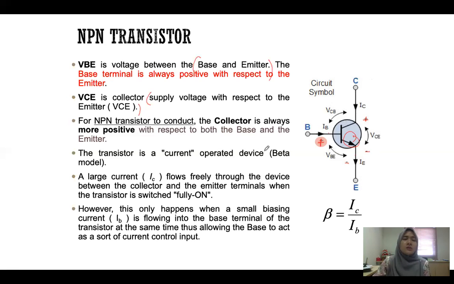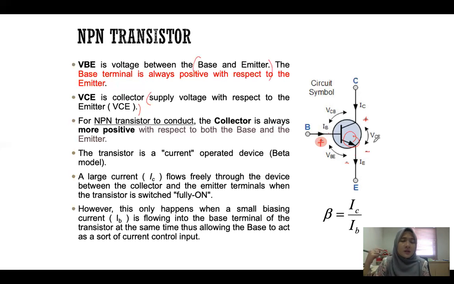Okay, so the transistor is a current operated device. A large current IC, which we also call the collector current. IB is the base current. IE is the emitter current. So when I say IC, I mean the collector current, the current at the collector.